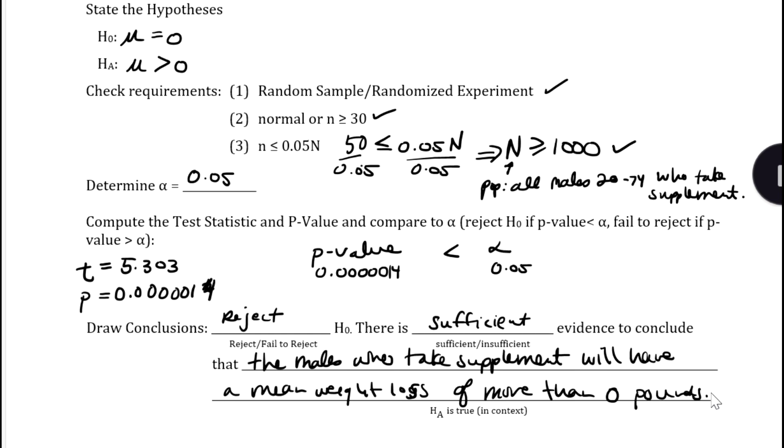And again, you're writing the claim here in context, so you're going to write this alternative hypothesis in context.